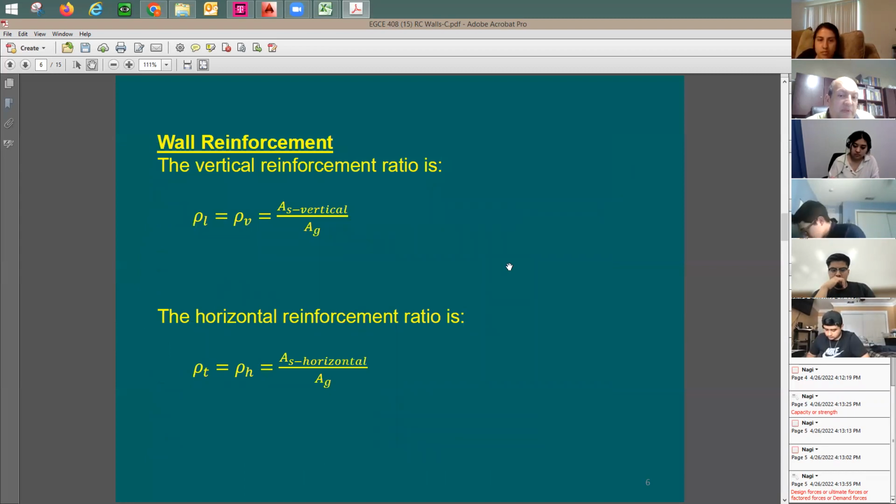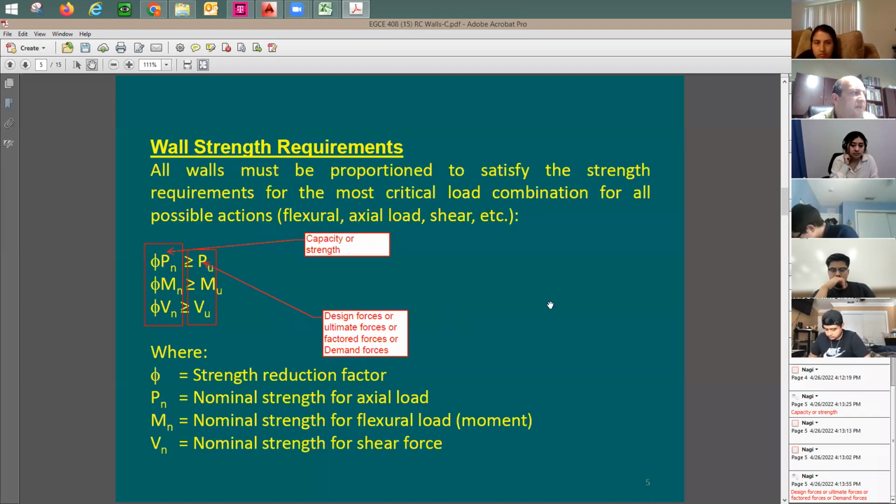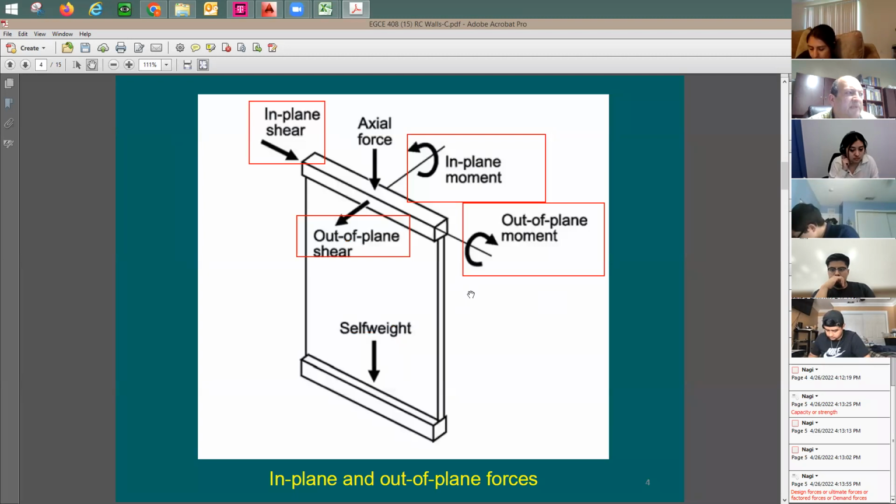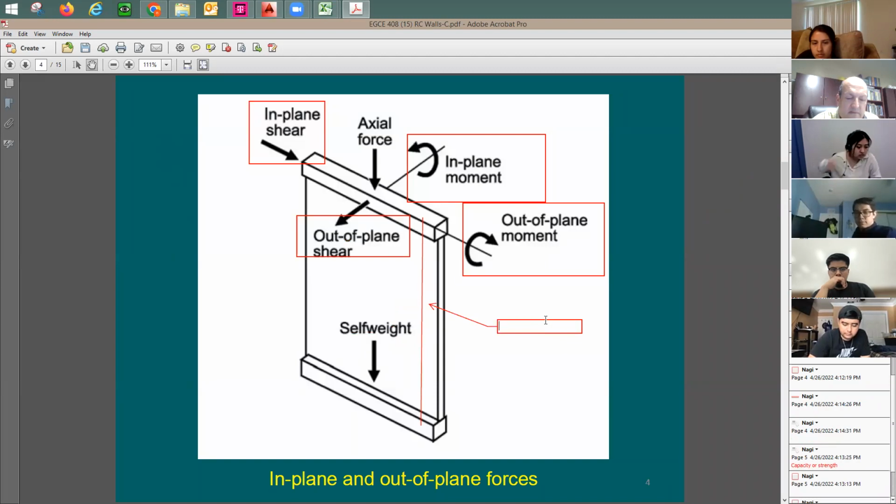In walls, we're going to put reinforcement, and the reinforcement is going to be in both directions. It's going to be in the vertical direction and horizontal direction. Let's say, if I look here at this wall, where is this vertical reinforcement? You can see this rebar here is going to be vertical reinforcement. I'm going to say vertical next to it. How about horizontal bars?